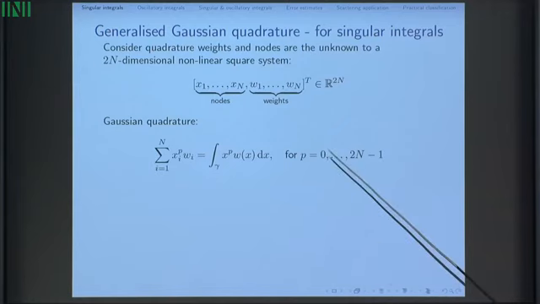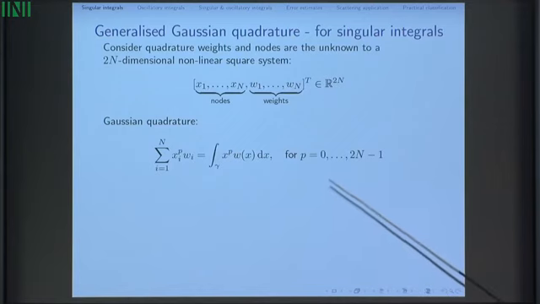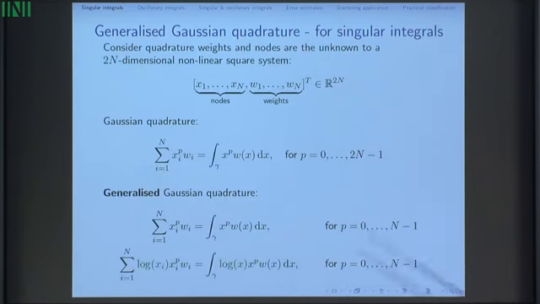Classical Gaussian quadrature satisfies this; this is effectively how you would write down your nonlinear system. Nonlinear, of course, because we have increasing powers of x here. p is the degree of the monomials for which we want the Gaussian quadrature rule to be exact. You wouldn't solve this by thinking about it in this way. There are much nicer ways to solve this problem, but in the case of generalized Gaussian quadrature, this is the most sensible way to think about it.